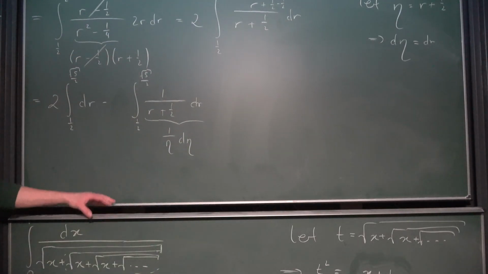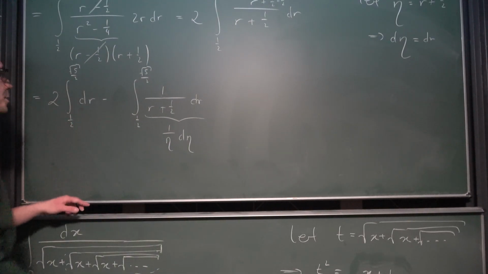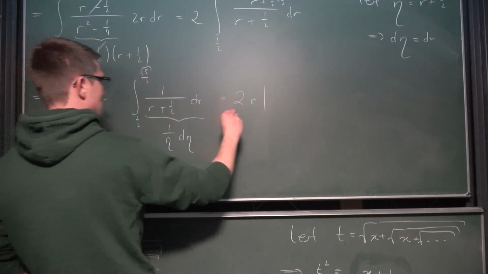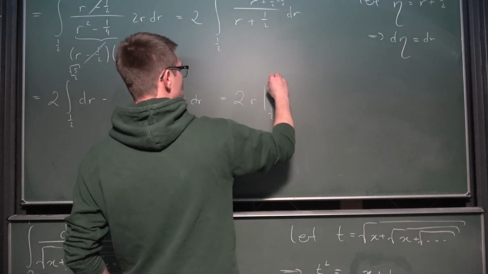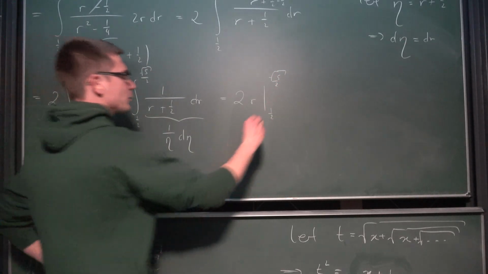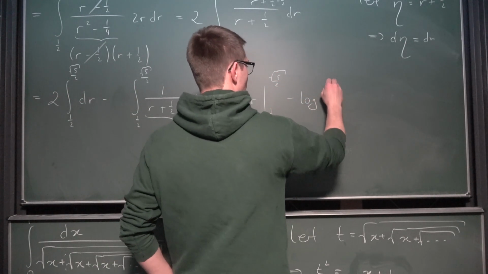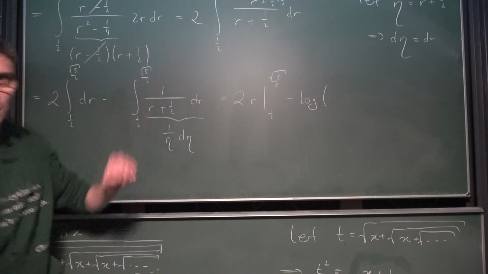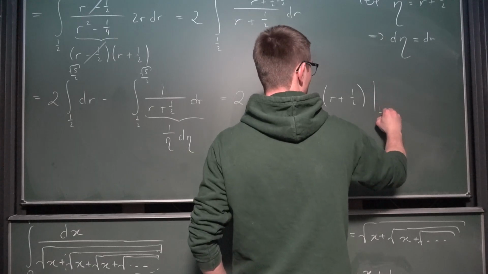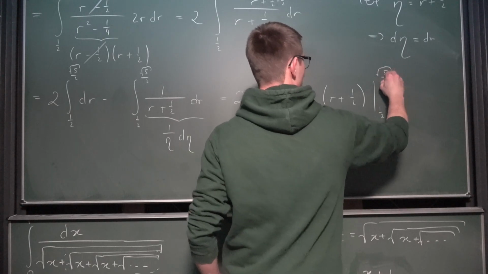So overall, if we integrate, we get 2 times r from 1/2 to square root of 5 over 2, and also negative the natural log of r plus 1/2, all in the bounds from 1/2 to square root of 5 over 2.